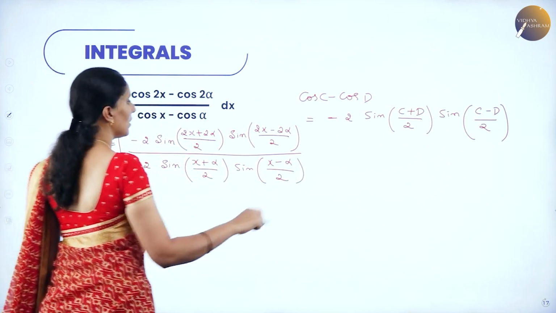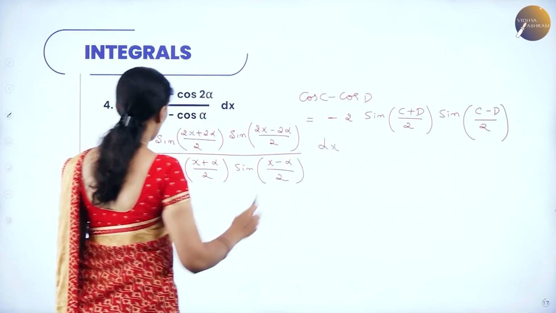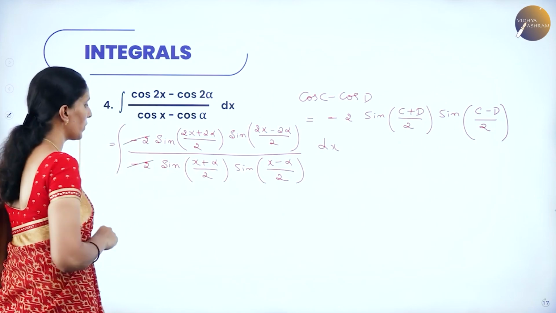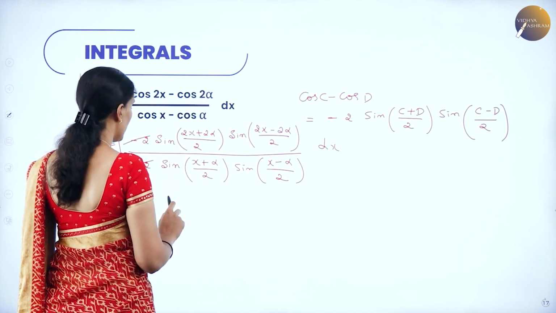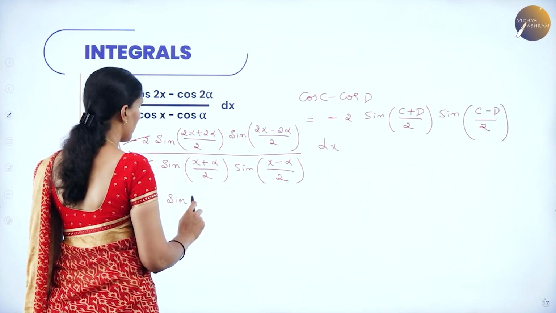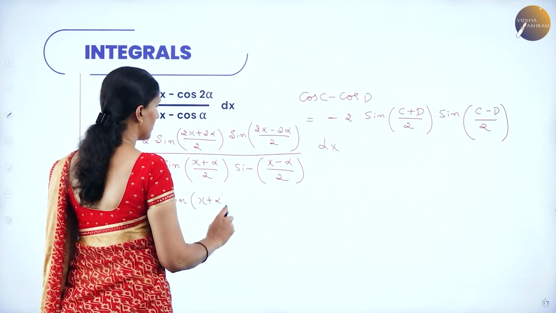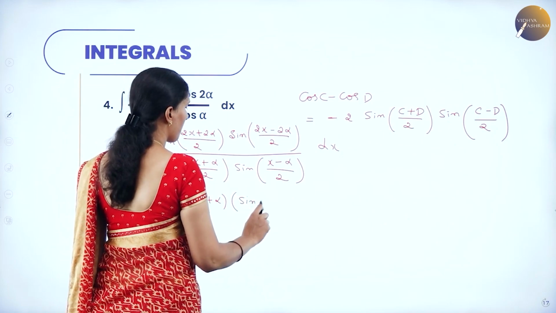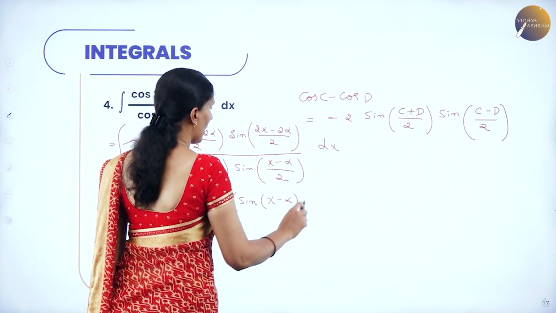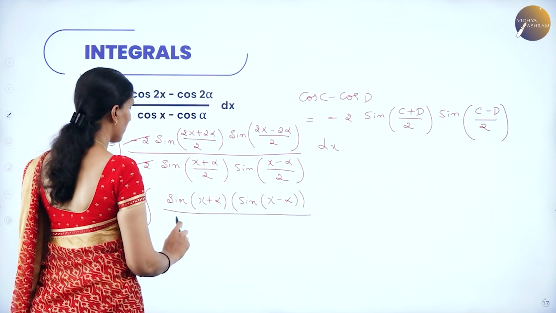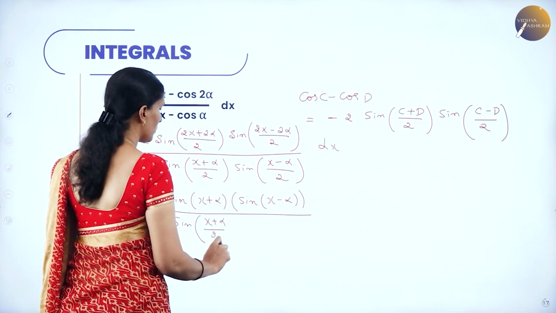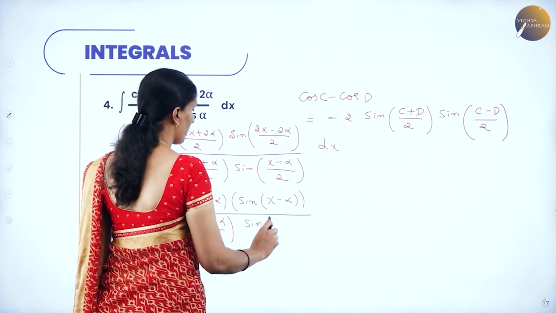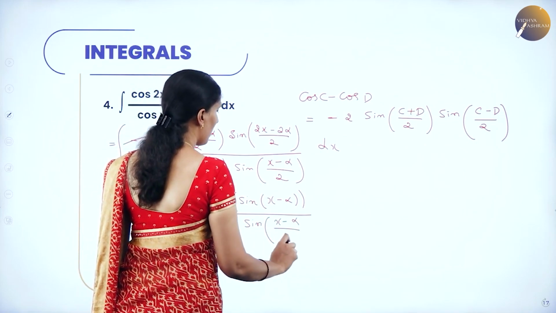So integral with respect to dx we have minus 2 gets cancelled. Numerator can be written in the form of sin (x plus alpha) sin (x minus alpha) whole divided by sin (x plus alpha) by 2 sin (x minus alpha) by 2.